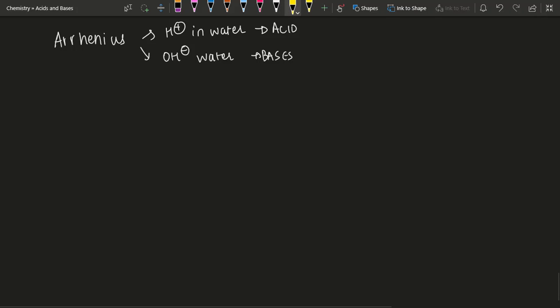So there needed to be an extension of this concept of acids and bases, and there came two scientists, Bronsted and Lowry. They did this work independently, and together they formed the Bronsted-Lowry definition of acids and bases.